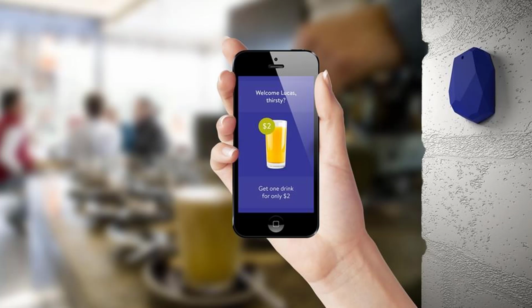So the location or the context is a significant part of the usage of beacon technology.